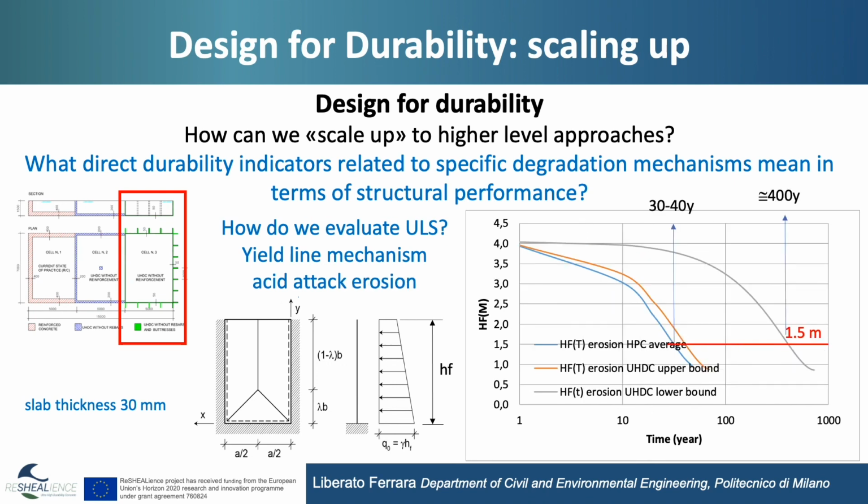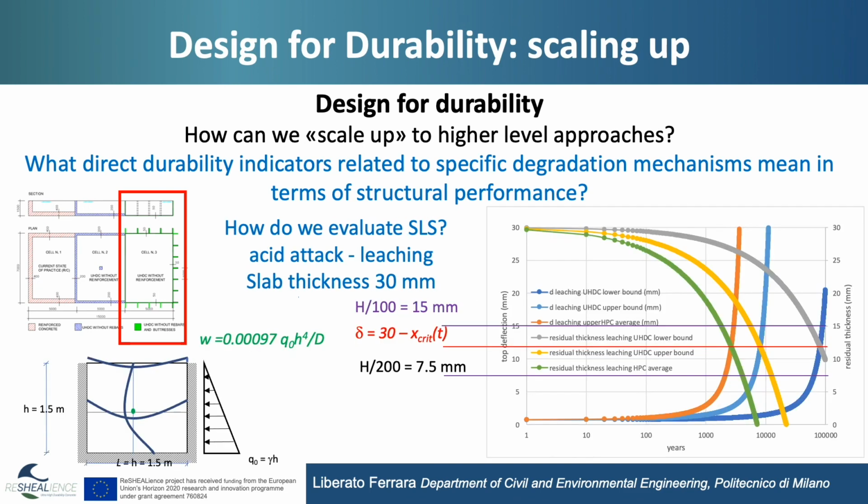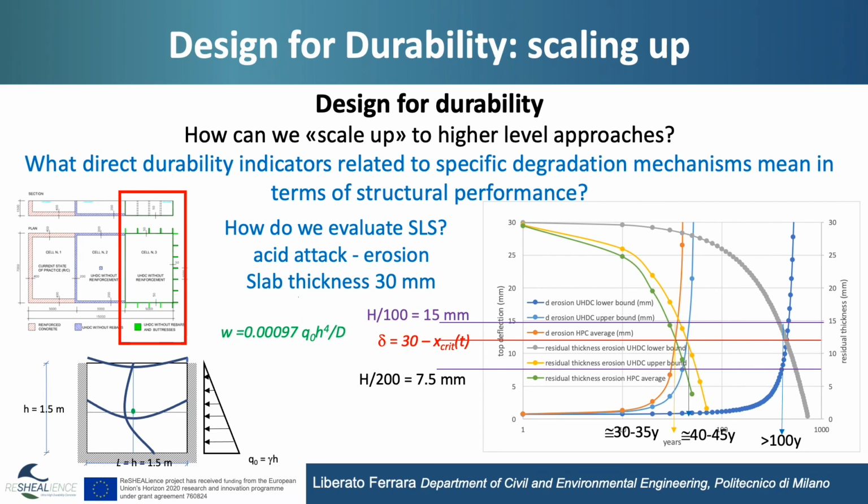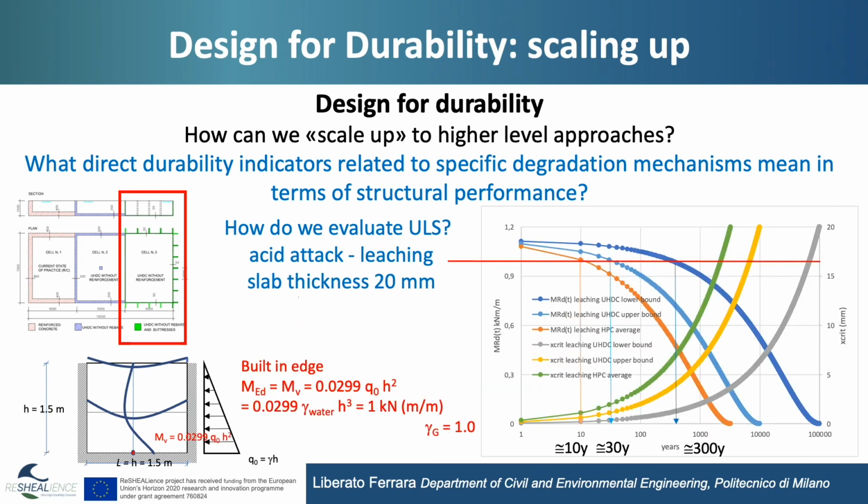Similarly, we made the calculations for the serviceability limit state in the case of a 30 millimeter thick slab for leaching or for erosion, or in the case of a 20 millimeter thick slab. We repeated our calculation for ultimate limit states, for leaching, for erosion, with yield line mechanism, or yield line mechanism with erosion, highlighting the benefits of redistribution capacity.